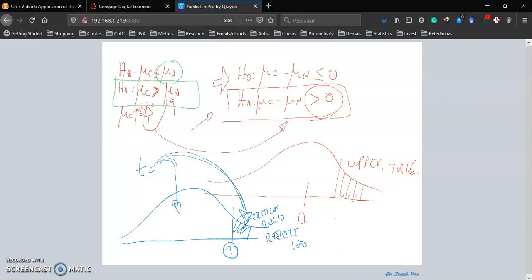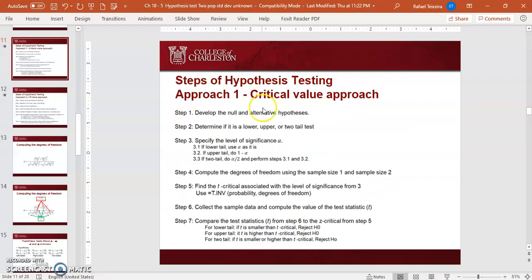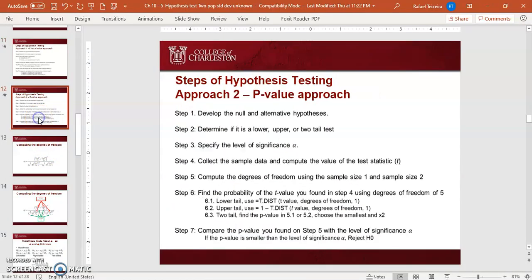If it is here, smaller than the t critical in this case, then you fail to reject the null hypothesis. So this is one approach, and these are the steps, very similar to the steps for hypothesis testing when we have two population means and we know the population standard deviation. We have some twists here, which is we don't have the z-score, we have a t in our case.